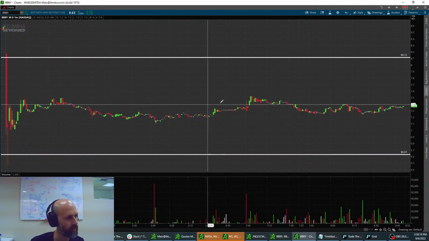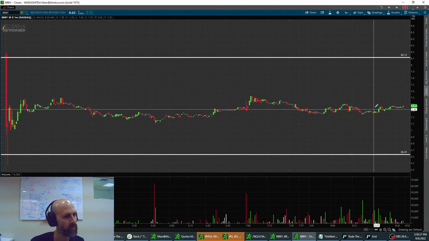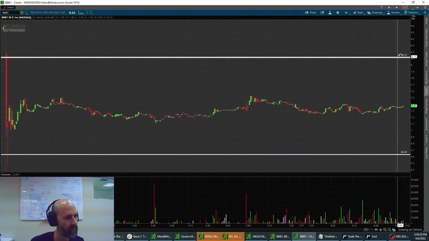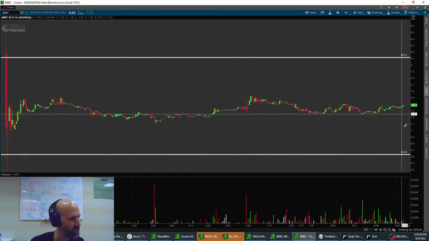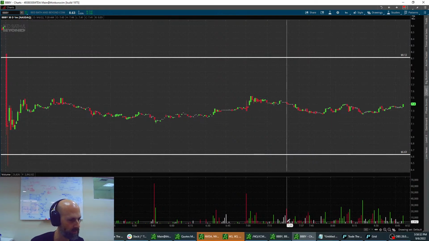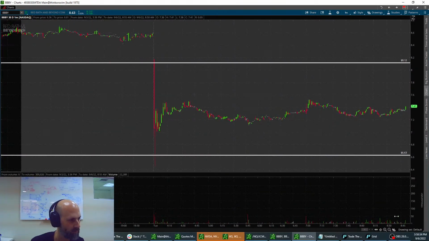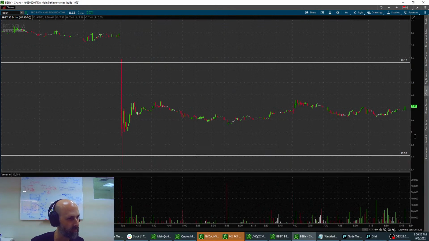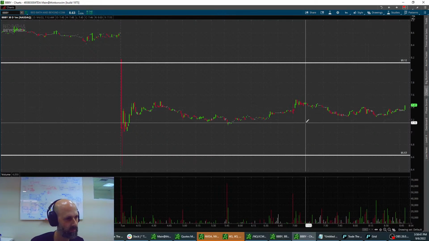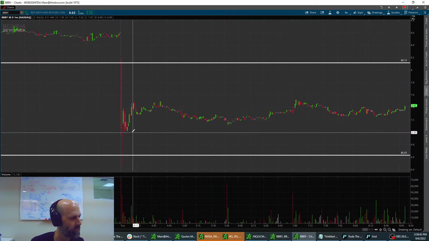In the meanwhile, we are moving in a range, but if we hit that resistance level, we can definitely look for the downside. Also, if we reach the support level around 6.63, it could be a potential move to the upside. As long as we are trading in the range, we don't have a lot to do with it.